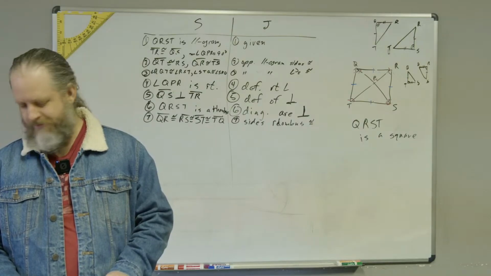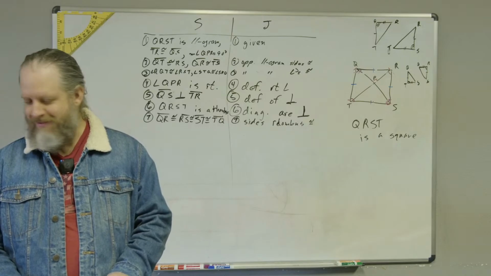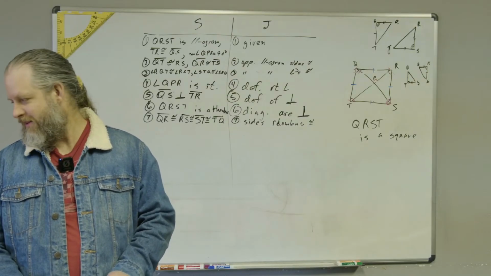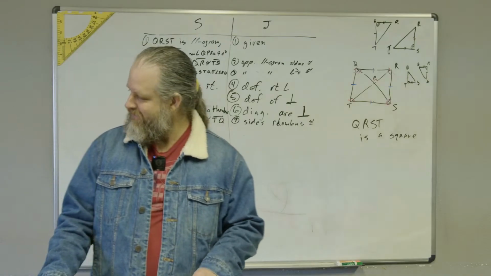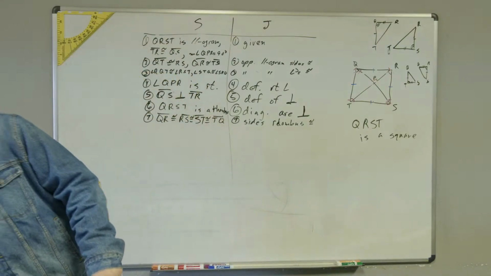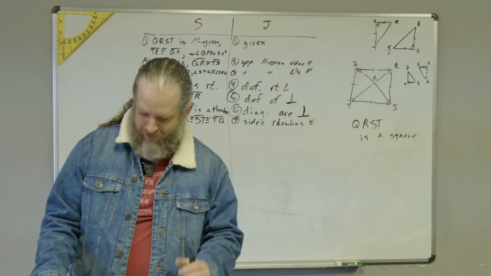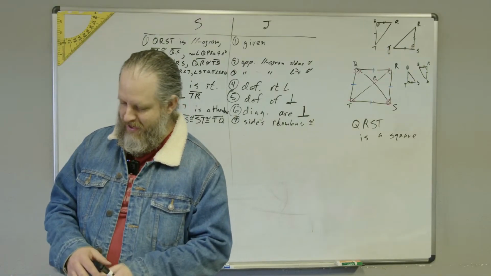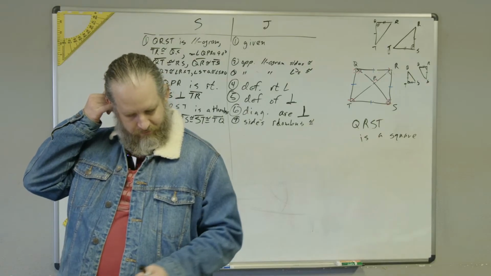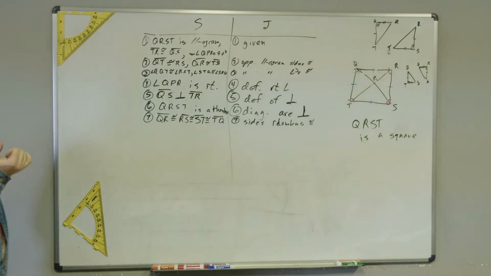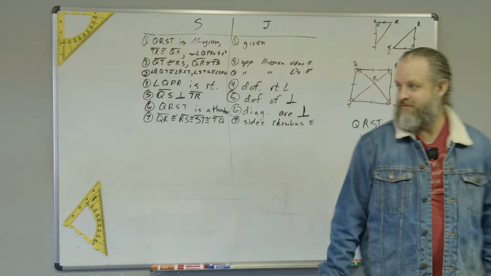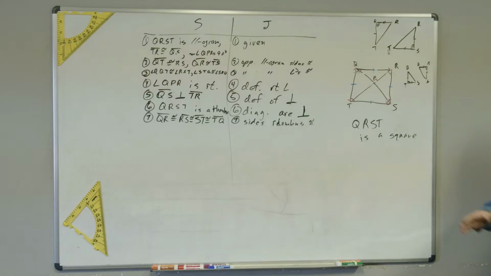You were about to say the right answer. No, well, the converse of, not that one. The converse of that one. Flip a page forward. But it's the same thing. What does that tell us? If the diagonals of a parallelogram are congruent, then the parallelogram is a rectangle.